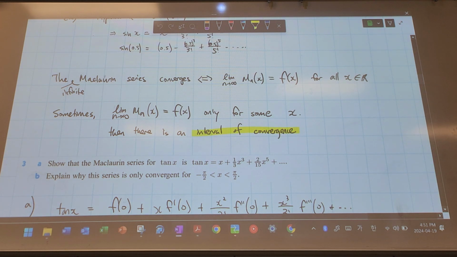Like here, you can see an example in the bottom, right? Explain why the series is only convergent for x between negative pi over 2 and pi over 2. Well, obviously, it's tan of x, right? It's a trig function with a limit. Because Maclaurin series would go on forever, and especially for trig, there's going to be boundaries. We just said that.